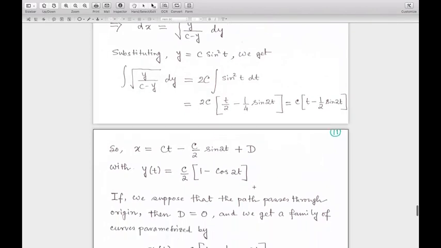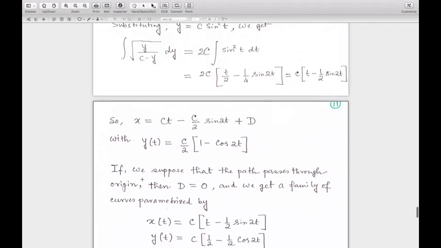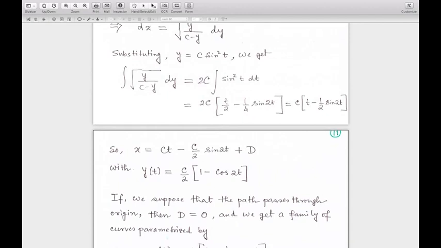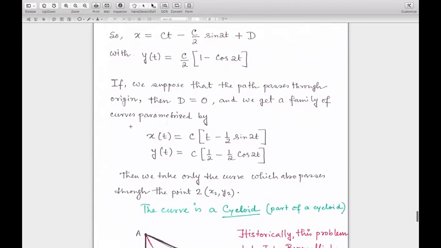Now suppose that at t equal to 0, x was also 0, then you can forget about d, and my curve simply gives x equal to ct minus c by 2 sine 2t, and as I substituted y equal to c sine square t, and sine square t is half times 1 minus cos 2t, I have this parametric curve.